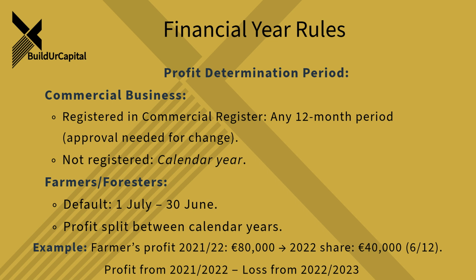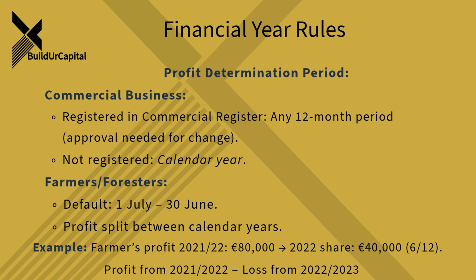So 40,000 profit attributed to 2022 from that period. Correct. And then you also take half of the 22-23 loss, which is 6/12ths of 50,000. Which is a 25,000 loss attributed to 2022. Exactly. So the net result for the 2022 calendar tax year in that specific example would be 40,000 minus 25,000. A profit of $15,000 for tax year 2022.